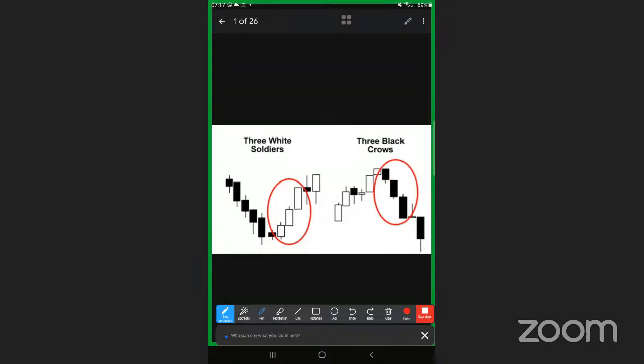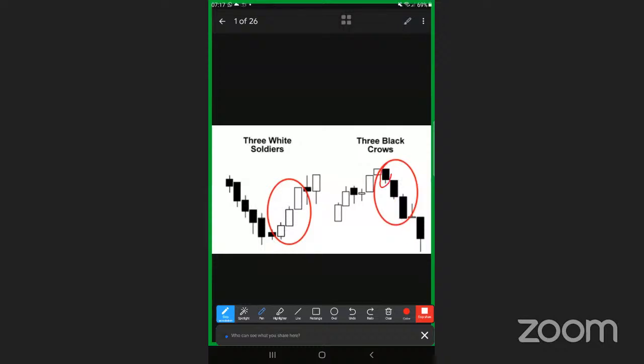So sellers are not giving room to buyers to come and buy. What are they doing? They are putting pressure on the price to go down. They are pressing the price downward.